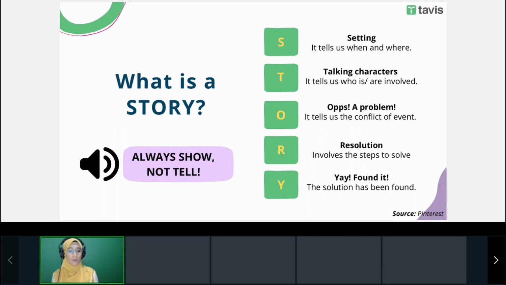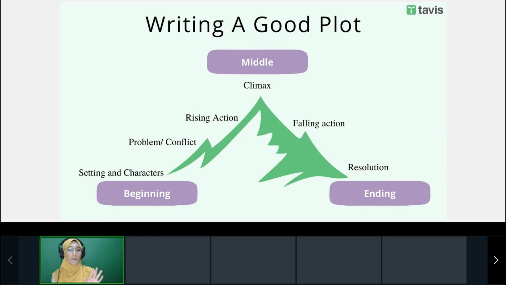Here you go. By writing a good plot, the whole story of it, the main thing is the plot of the story. So how can we do that? You need to have the beginning, the middle part, and lastly the ending.